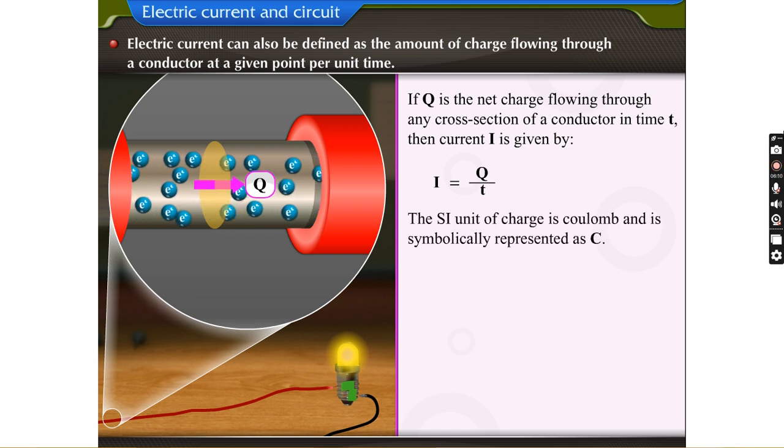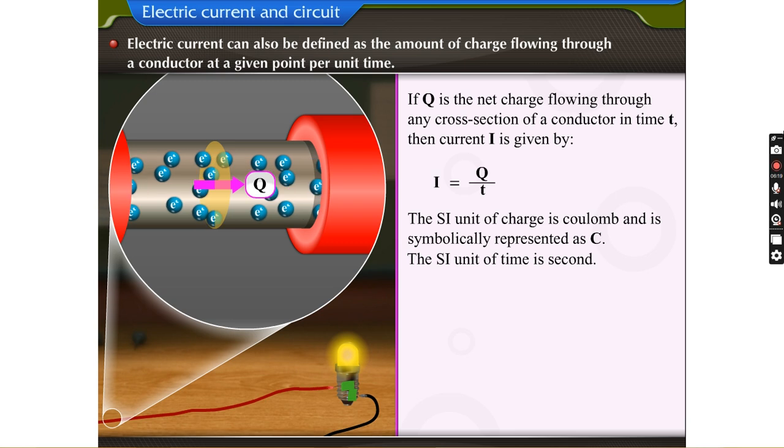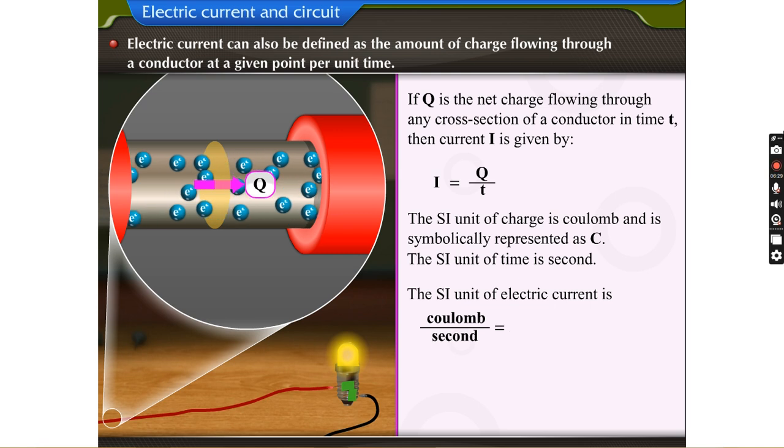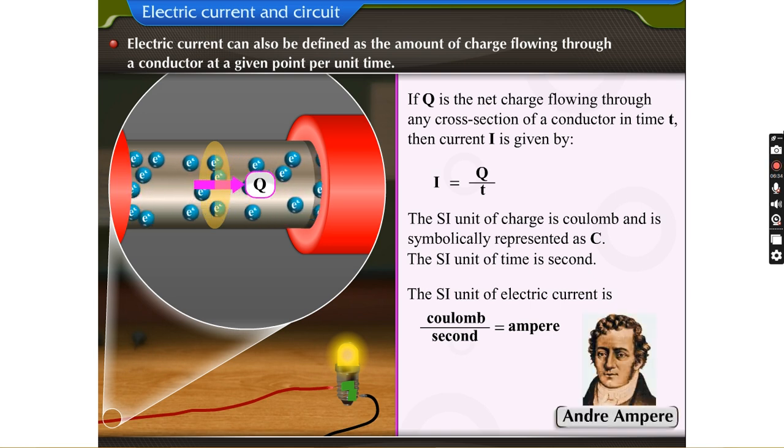The SI unit of charge is coulomb and is symbolically represented as C. The SI unit of time is second. Hence, the SI unit of electric current is coulomb per second or ampere, which is named after French physicist André Ampère.